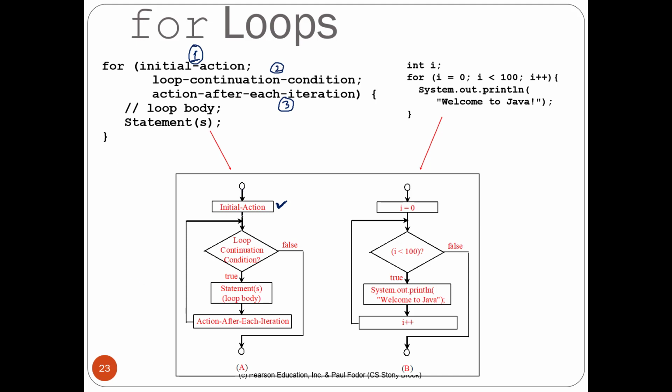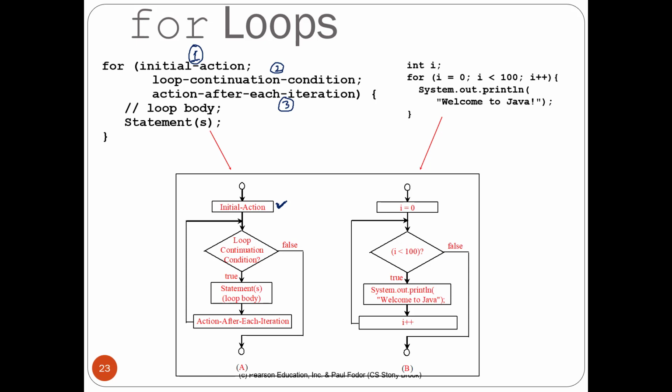If the condition is false, you cannot run the body. So after taking the initial action, you check this condition. Whenever you see a diamond, it means that you have to make a decision on the basis of some condition or Boolean expression. If the condition is true, then you run the body, which has a sequence of statements. After running the body, you do the action after each iteration.